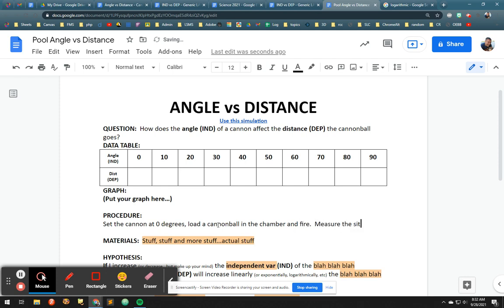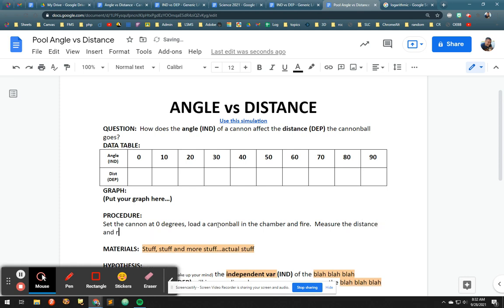Measure the distance and record in the data table. You might want to also find a football field to set up to perform the experiment on. That'll help you measure the distance.